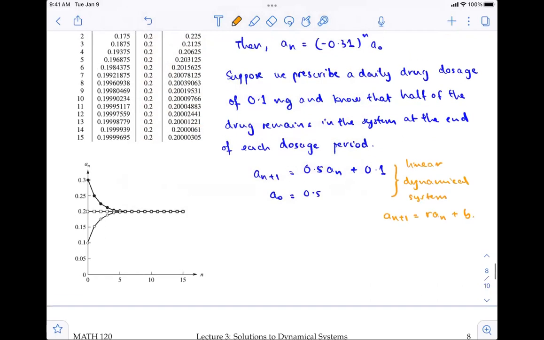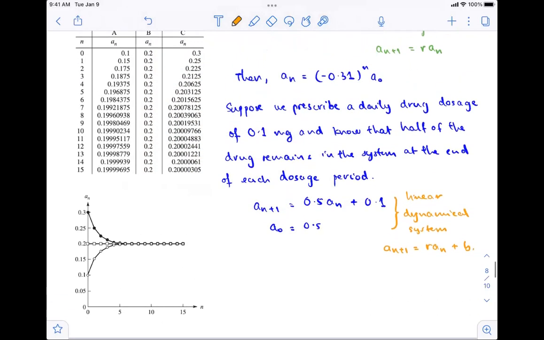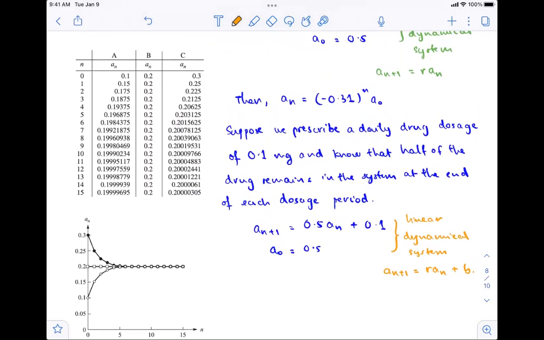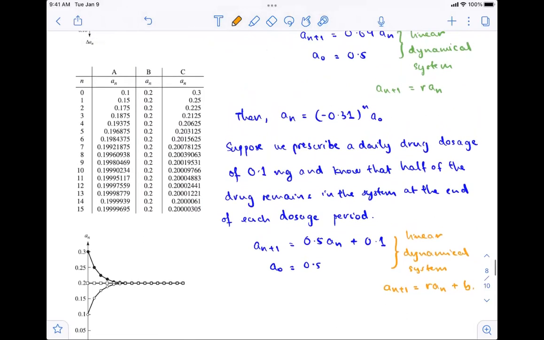Okay, and depending on the initial value, you can actually have different performance in the amount of drug. But overall, what you see is that it always comes out to be about 0.2, as you can see in this graph.